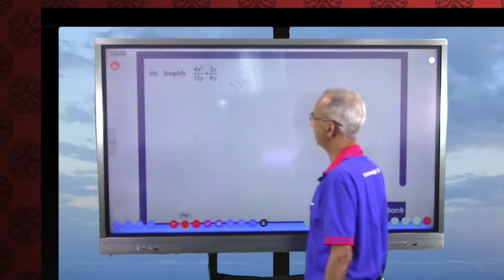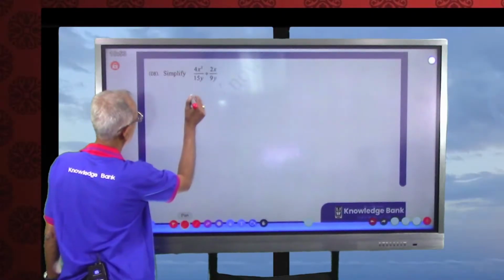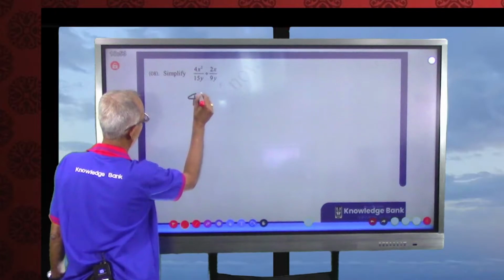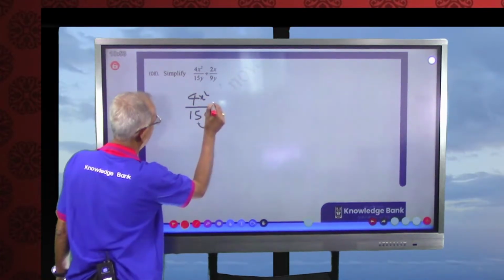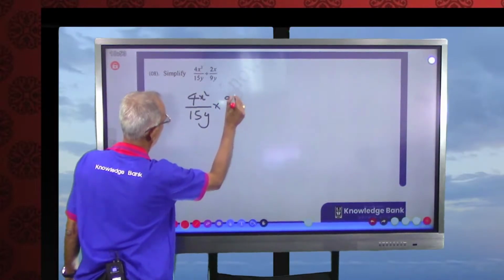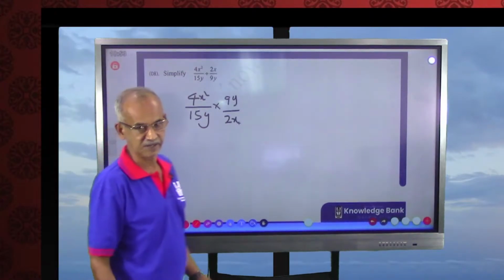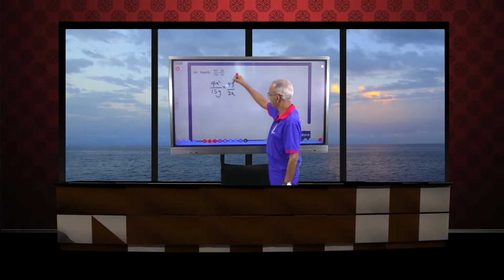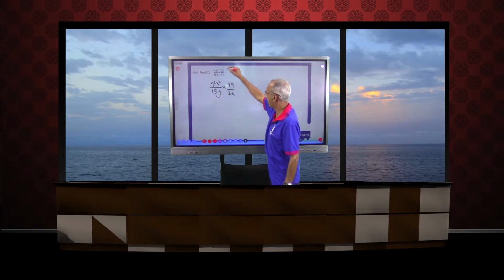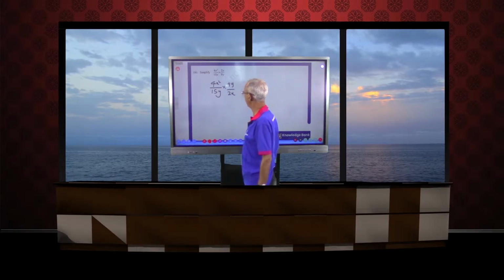Simplify 4x squared over 15y divided by 2x over 9y. Here you can write 4x squared over 15y multiplied by 9y over 2x. Division means multiply by the reciprocal. Therefore, I change this: the reciprocal of 2x over 9y is 9y over 2x.